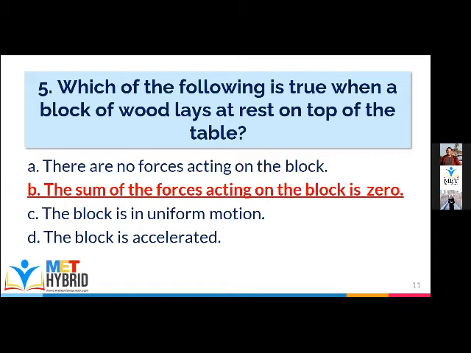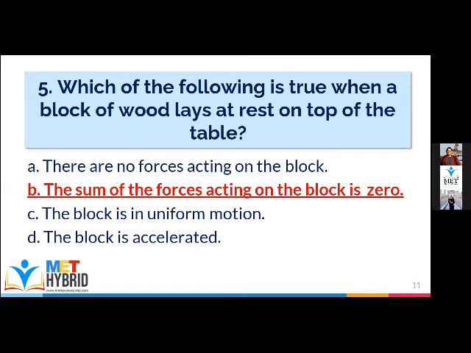Okay, why? If you have a particular book on top of a table, there are two forces acting on it. First, you have gravitational pull. This is the force that pulls your book, or in this case, your block of wood, towards the ground.